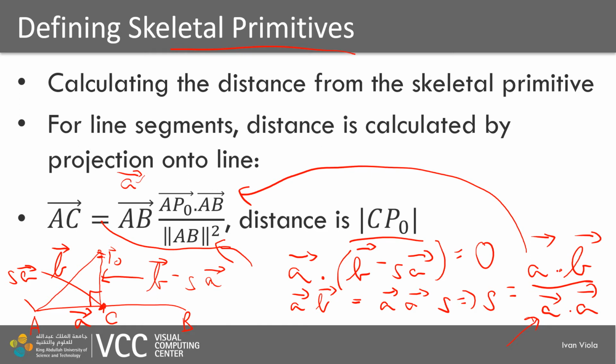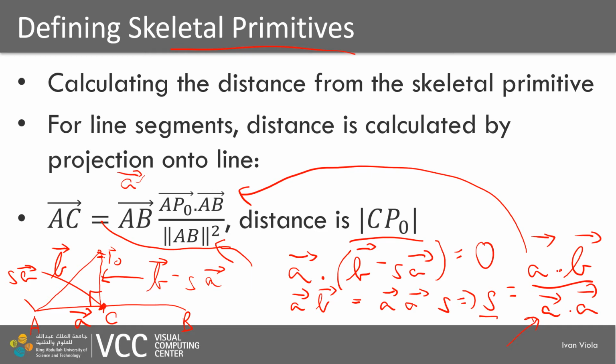So this is how we calculated the S, and this gives us the scaling in order to find the point C from the vector AC, which is a scaled version of the vector AB. So this is the way how we can calculate the distance to a line.